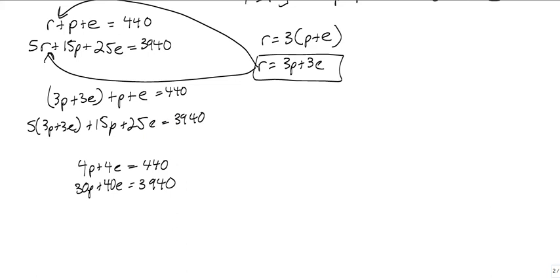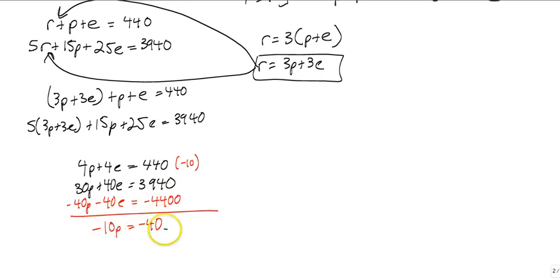I'm going to multiply the top one by -10, and I get -40P minus 40E is equal to, what is that? -4400. So I get -10P is equal to -460. And P is equal to 46.